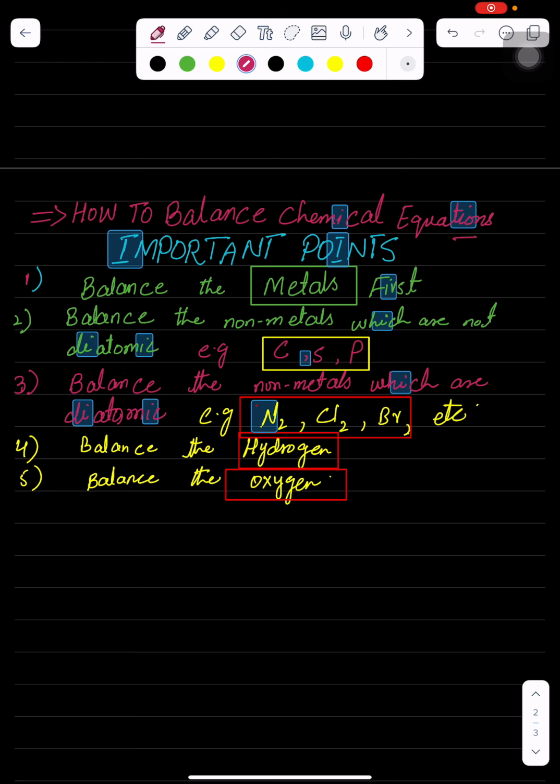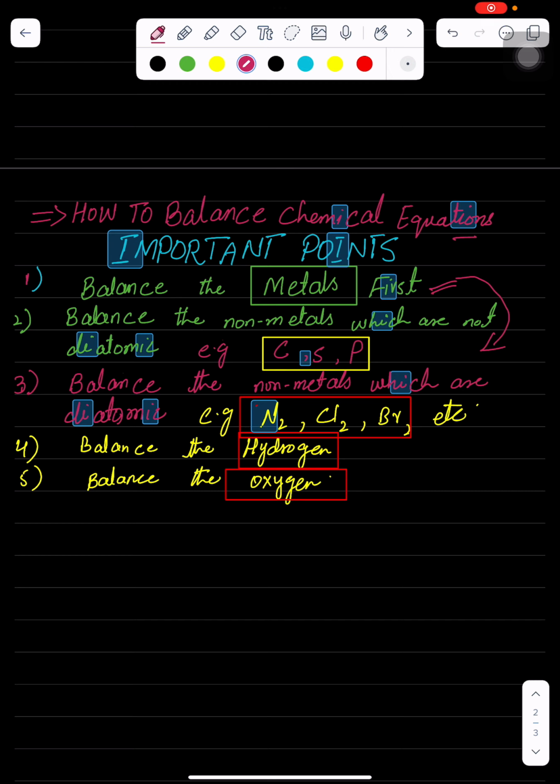If there is no metal, move towards the next point. If there is a non-metal which is not diatomic, like carbon, sulfur or phosphorus, find such elements and balance them.